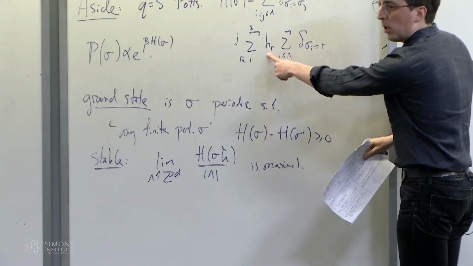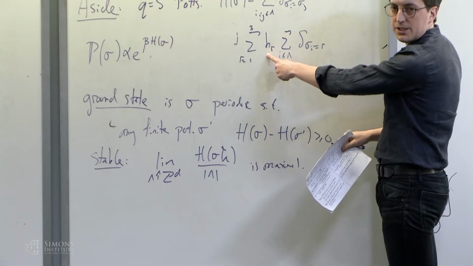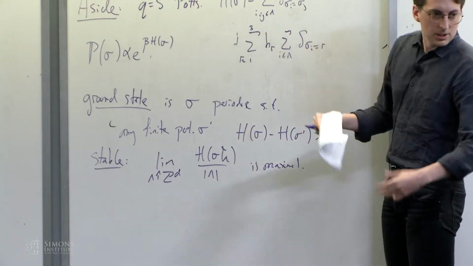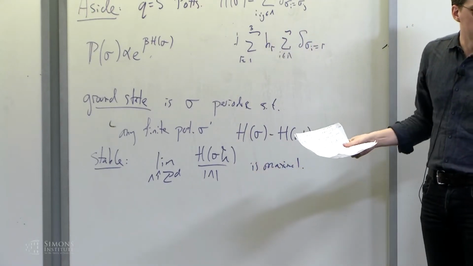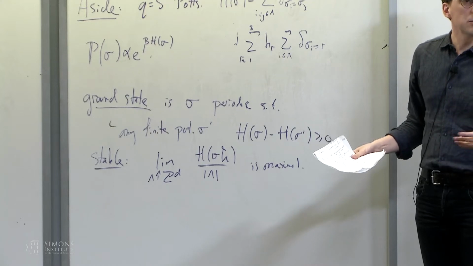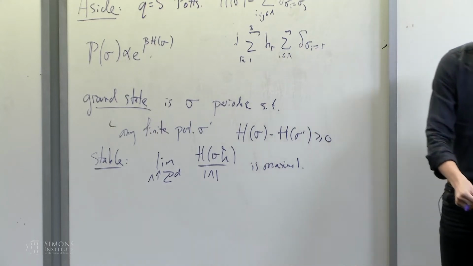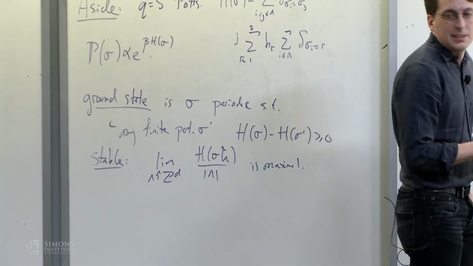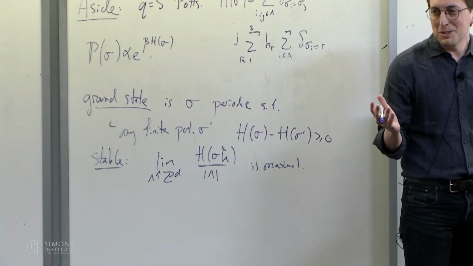Suppose only h1 is positive and the other h's are 0. So then I'm assigning more weight to the color 1. So then the stable ground state is going to be coloring everything 1, while ground states 2 and 3 will not be stable. Does that make sense before I draw a picture of what it means?